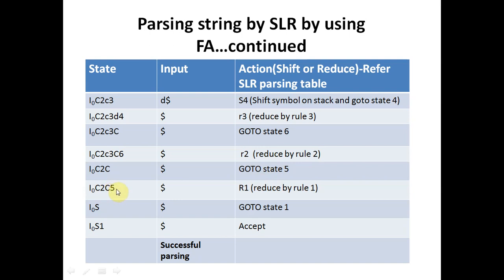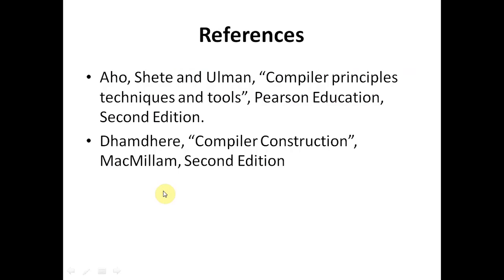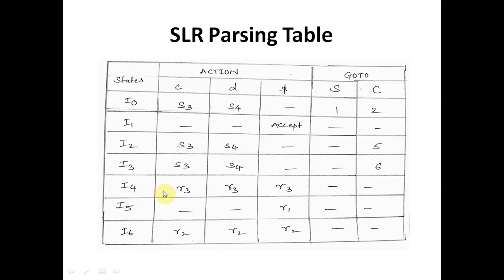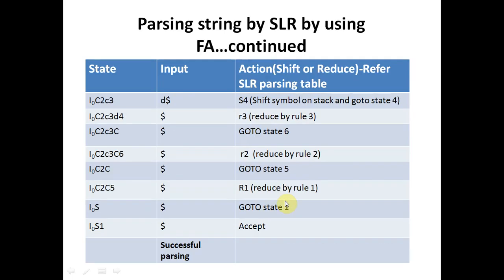Now you are in the fifth state and receiving the symbol dollar. We go to the diagram, and on receiving dollar in the fifth state, it is written as reduce by rule number 1. So we go and reduce it.